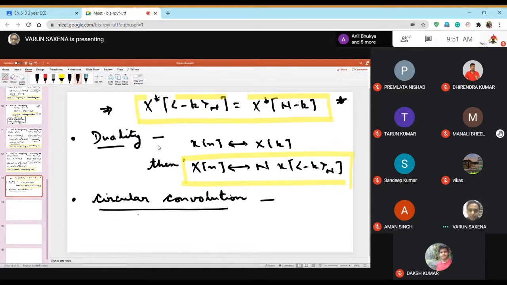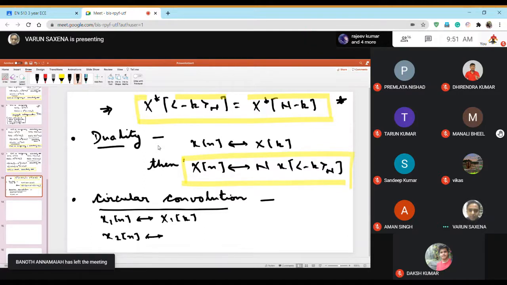So basically, if you have 2 sequences where x1n has DFT capital X1k and x2n has DFT capital X2k, then x3n, if it is the circular convolution of x1 and x2, is written like this.